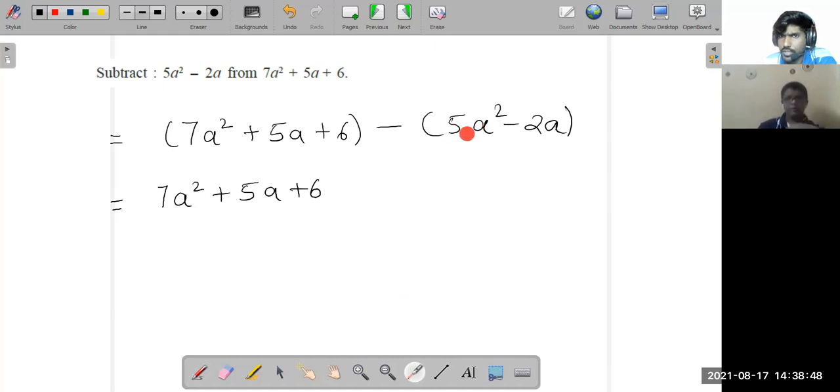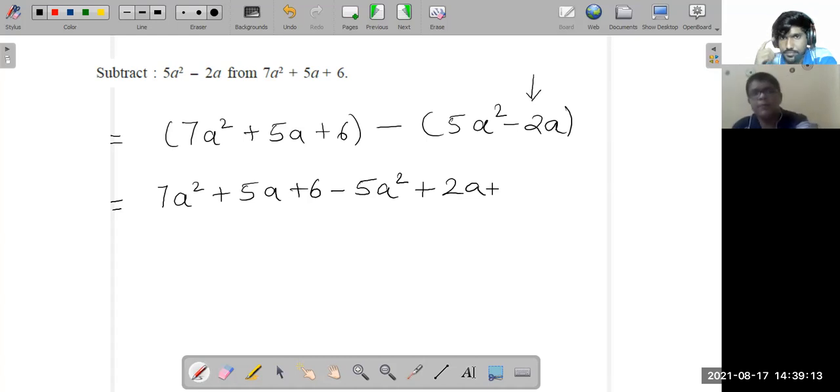What sign does the first term, 5a square, have? Plus. So when you open up the bracket, it becomes minus 5a square. Then the sign of the second term is minus, that will now become plus, so plus 2a. If it is minus, it will change to plus. If it is plus, it will change to minus.